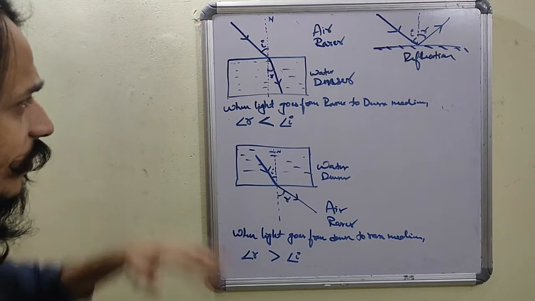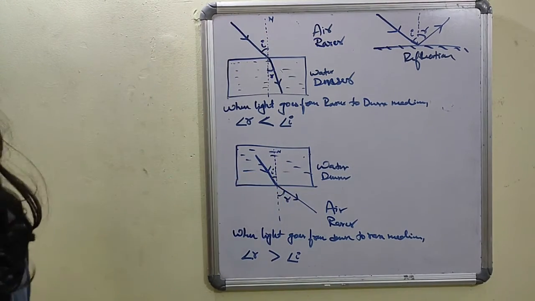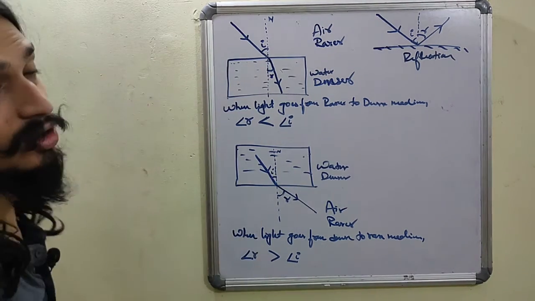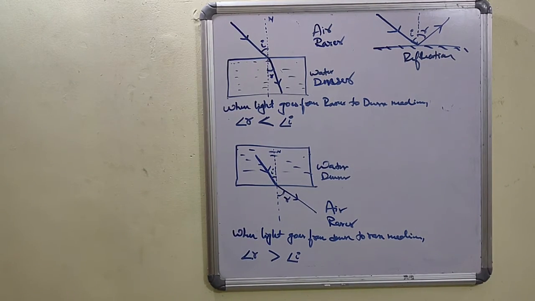Light bending toward normal, light bending away from normal. Exact opposite cases. This is generally what happens.